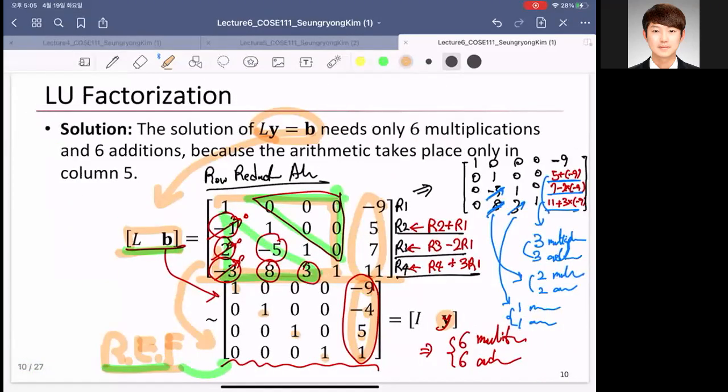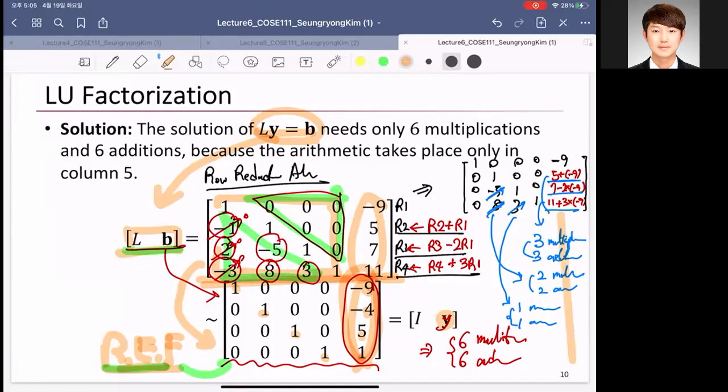How to solve this? Looks like this. To solve this linear system, we have to further row reduce this matrix to the REF form to get the vector y as a solution. In this procedure, we can see there are 6 additions and 6 multiplications here.